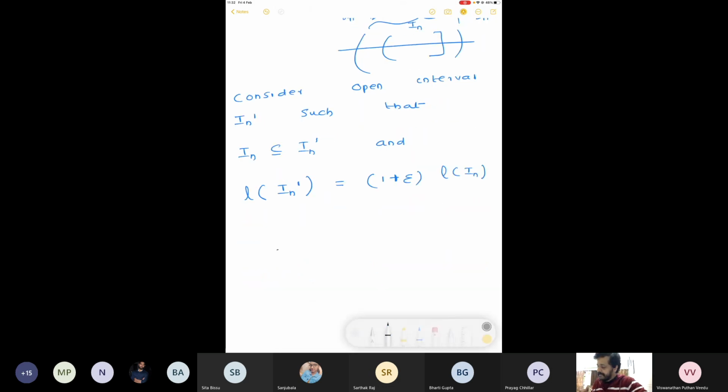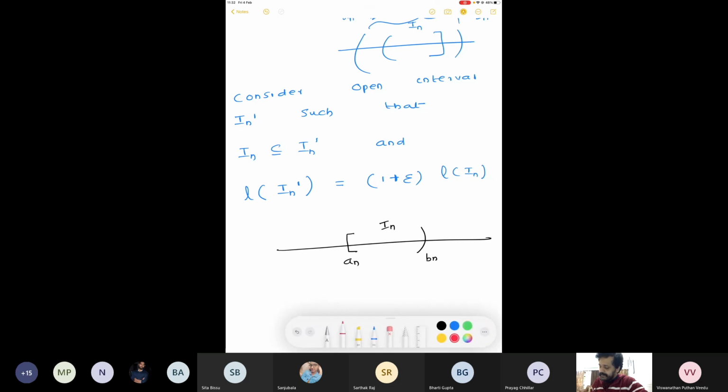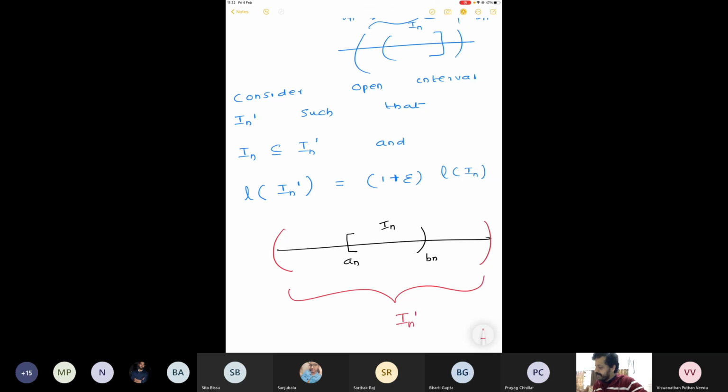Should I draw once again if it is not clear? This is your I_n, suppose. This is a_n, b_n. This is the given I_n. Now I want to find an I_n', which is open. That is always possible. Now I want some relation between the length of I_n' and the length of I_n. What I do is I take this to be a_n minus epsilon times the length of I_n by 2, assuming these are all finite, and this as b_n plus epsilon times the length of I_n by 2.